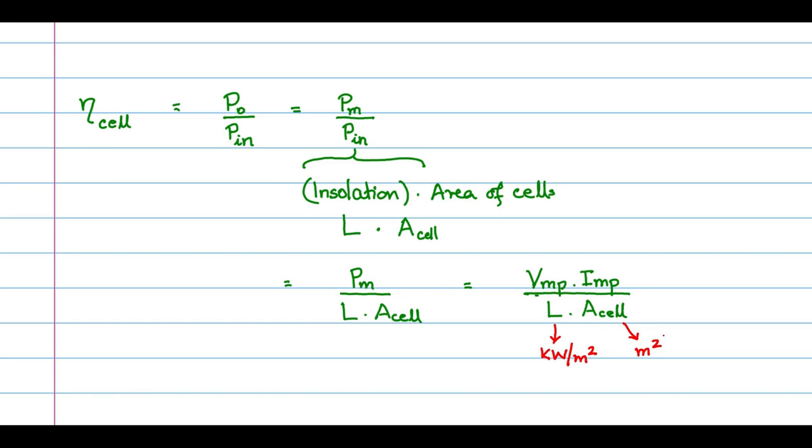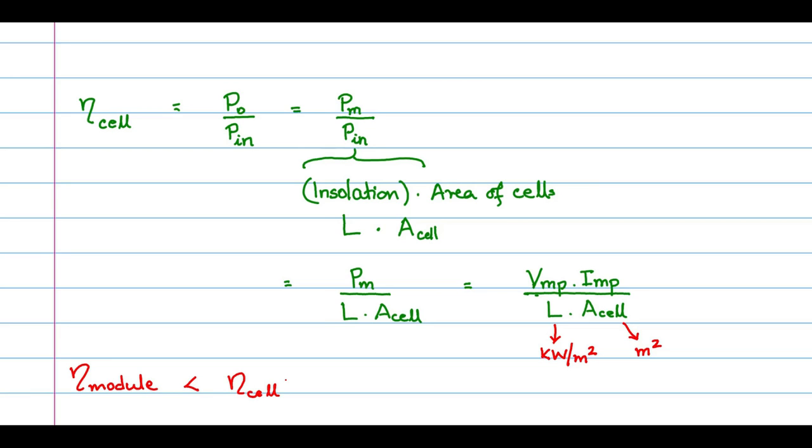However, one should note that the module efficiency is not the same as the cell efficiency. The efficiency of the whole PV module is actually less than the efficiency of the cell. What is the difference between these two? Basically, it is in the area of the cell and the area of the module.